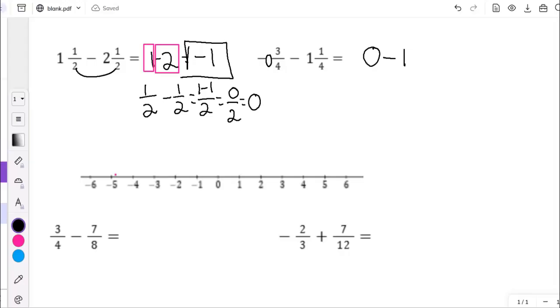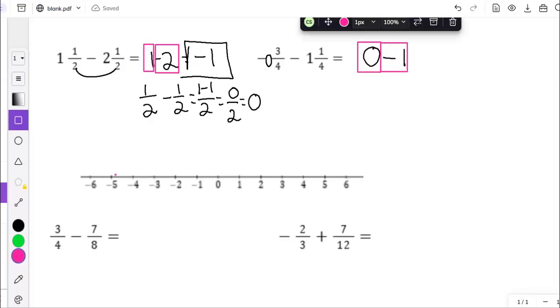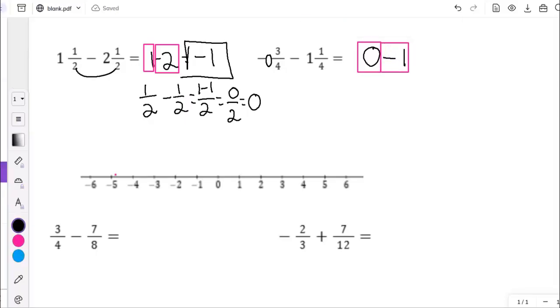But if it makes you feel better, go for it. So 0 will be where I start, and I'm going to move left 1 because it is negative. So starting at 0, left 1. Okay, so that would become a negative 1.